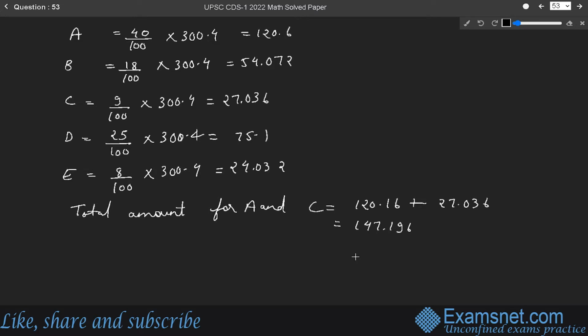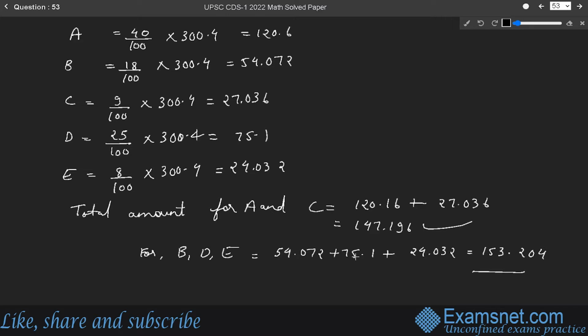This is the total amount for A and C. Now let us see the total amount allocated to B, D and E. For B, D and E, it will be equal to 54.072 plus 75.1 plus 24.032, which is equal to 153.204. Now we have both the values. We have the amount for A and C and we have the amount for B, D and E. Therefore, let us find their difference.